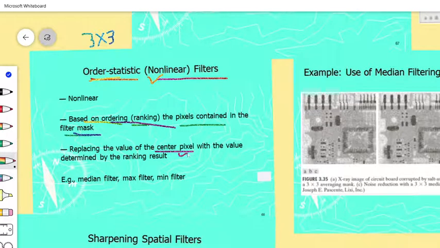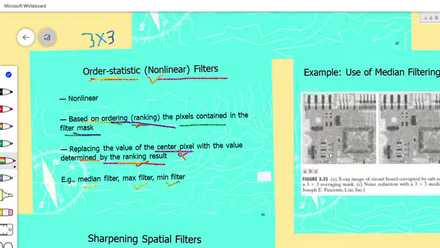Remember, we are replacing the value at the center pixel with the value determined by the ranking result, by median filters, max filters, min filters. We are applying these operations.